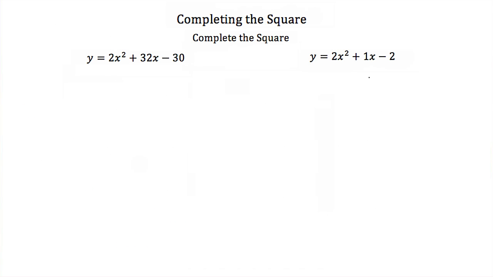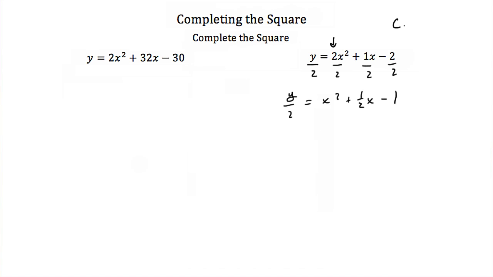Now our last example is y is equal to 2x squared plus 1x minus 2. And again, we have a leading coefficient that is not 1. So we're going to have to divide everything by this leading coefficient, or divide it all by 2. If we do that, we get y over 2 is equal to x squared plus 1/2 x minus 1. Now again, this is not a perfect square trinomial. So we're going to have to find our perfect square trinomial.